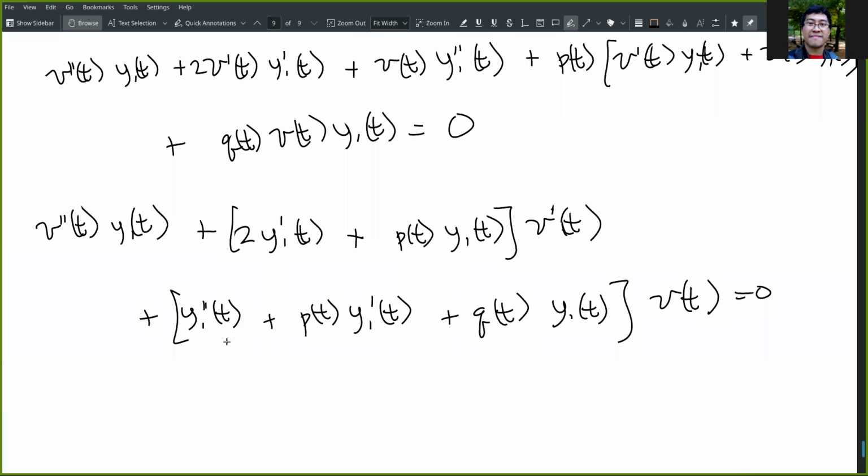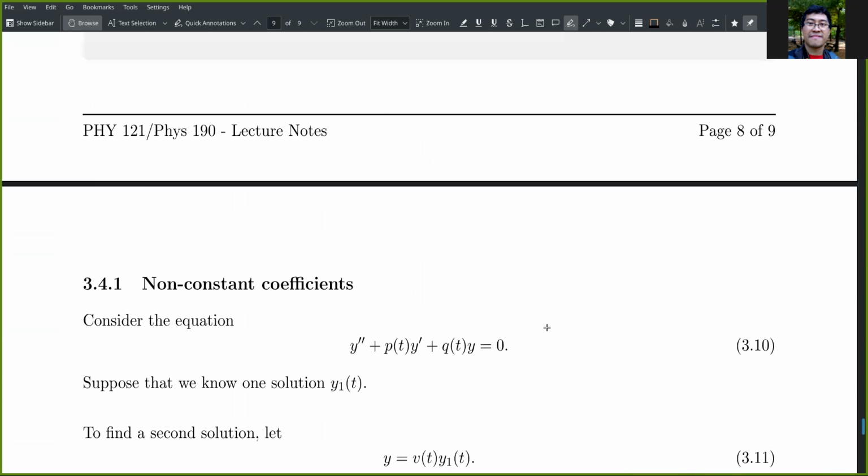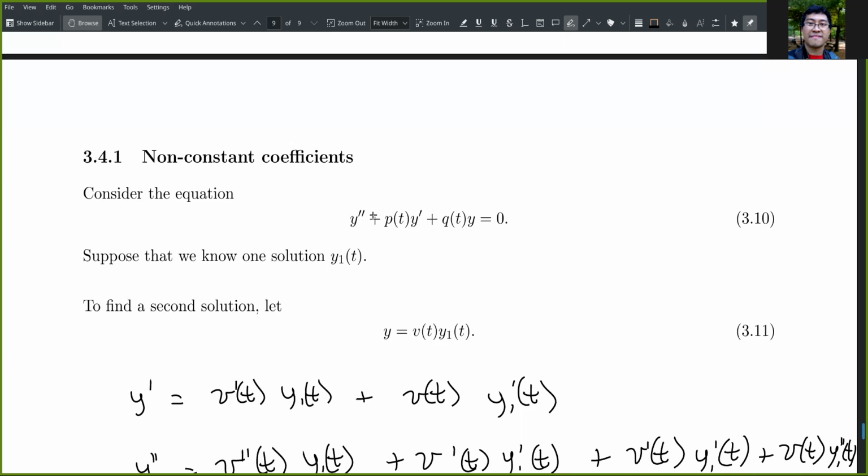Now take note, this is just our original differential equation.